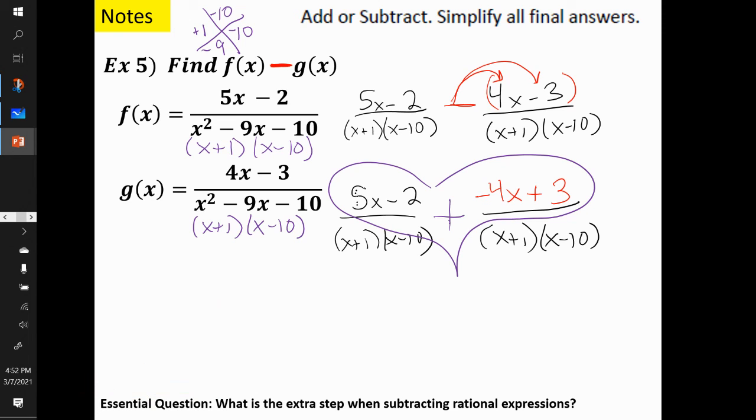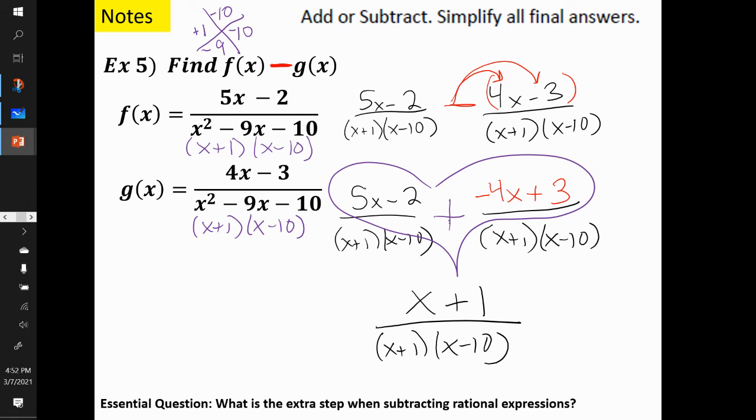And we have 5x. Remember, like terms, you got to make sure you combine like terms. 5x is a like term with negative 4x because they both have x's. So that's just going to be 1x or just x. And then we're going to do negative 2 plus 3, and that's going to be a positive 1. And all of that is going to be under the same denominator, x plus 1, x minus 10.